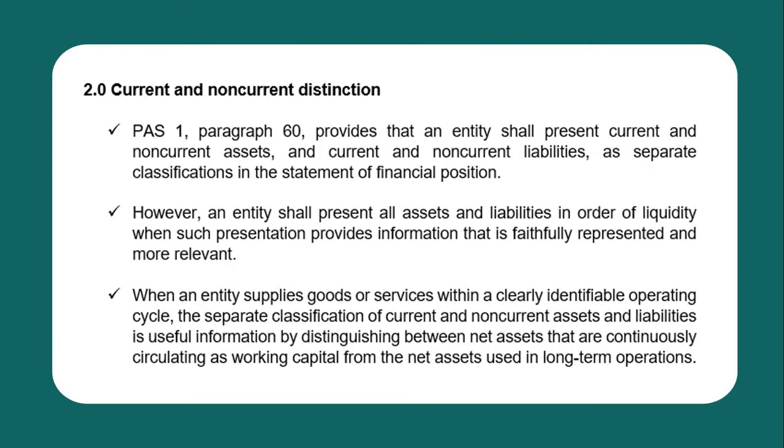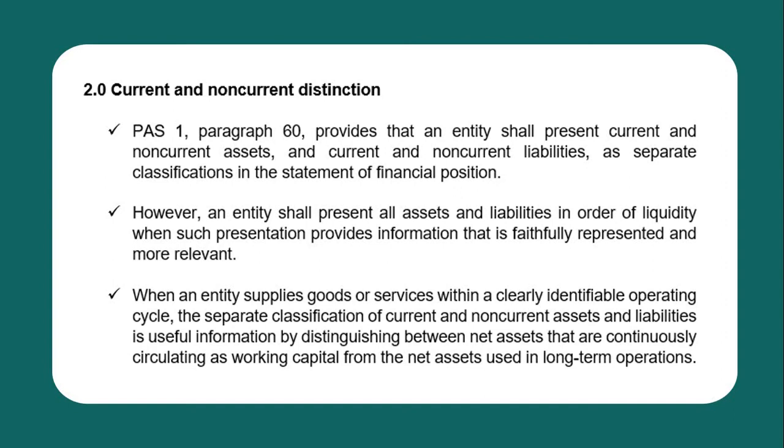Now, in the statement of financial position, as we show the accounts under those elements, there is a current and non-current distinction, meaning in reporting, we need to classify those items or accounts into current or non-current.